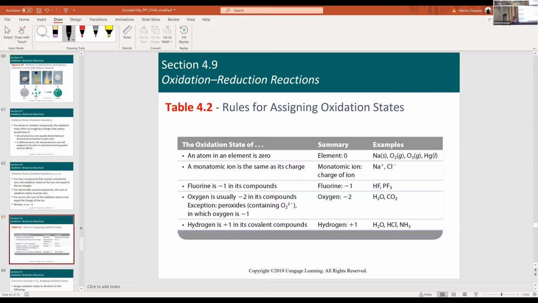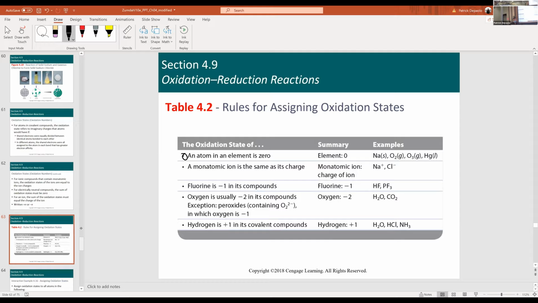So here are the rules for assigning oxidation states. Every atom in a chemical equation will have an oxidation state. First rule: atoms in their elemental form are zero. What that means is if you have sodium as a solid, or potassium as a solid, just that one element by itself, it's zero.